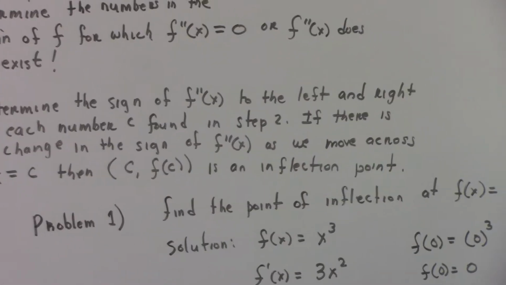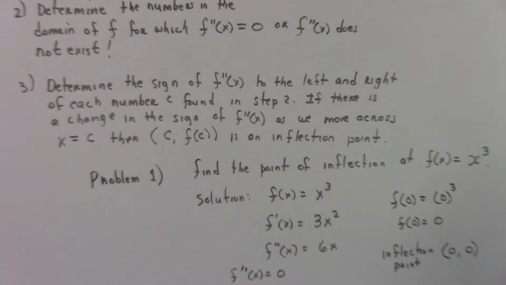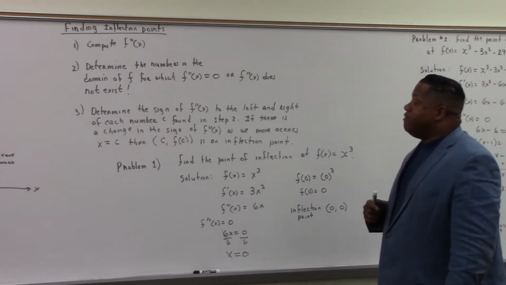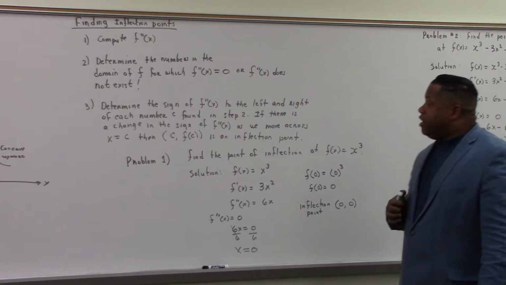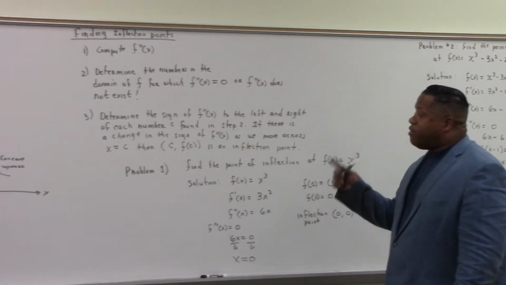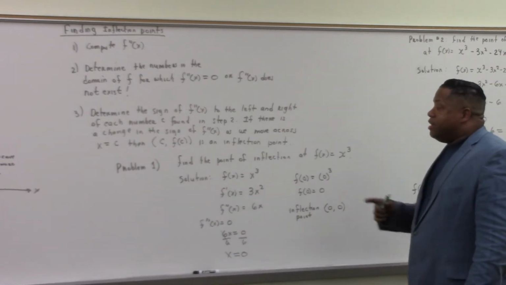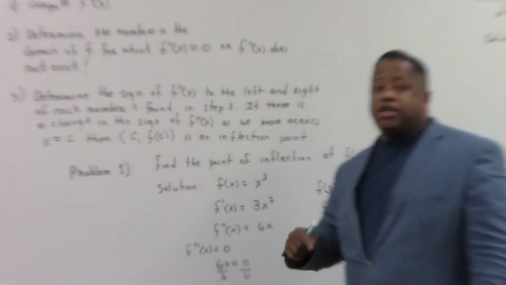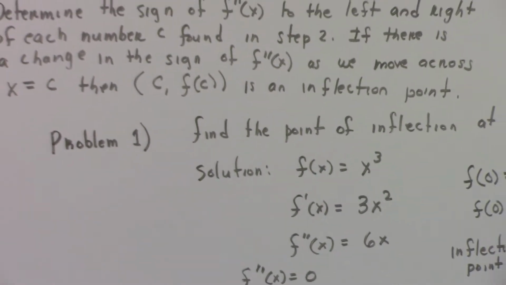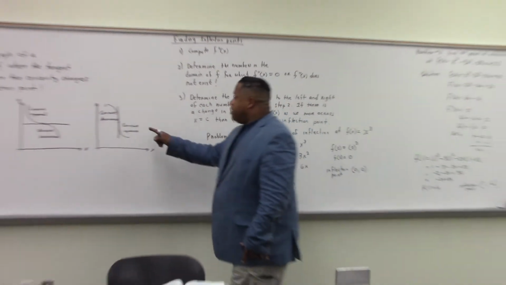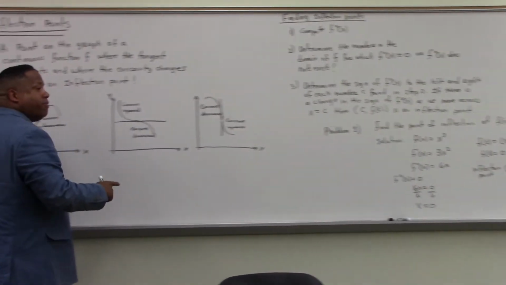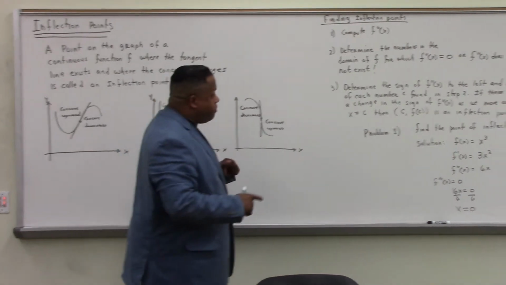Also determine the sign of f double prime to the left and the right of each number c found in step 2. If there's a change in the sign of f double prime of x as we move across x equals c, then the point c, f of c is the inflection point. As we go back here, this is like the critical point c and f of c at that point.